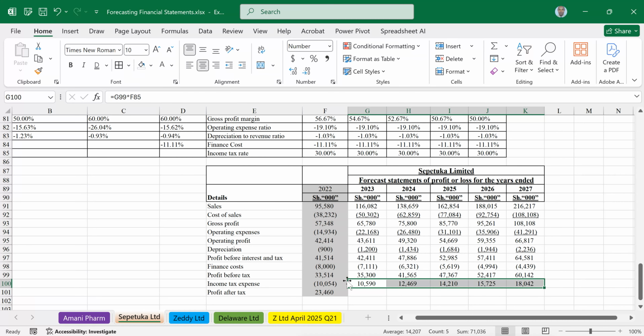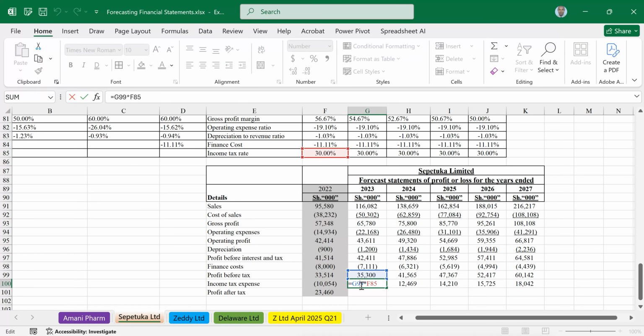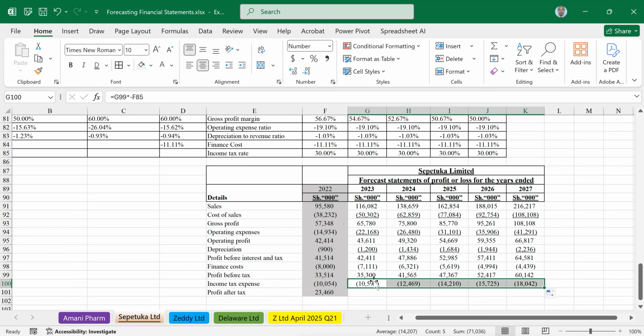Now it's positive, so change the formula to negative. So times negative 30%, which now gives you a negative answer. Drag across again. Income tax expense is obtained there.